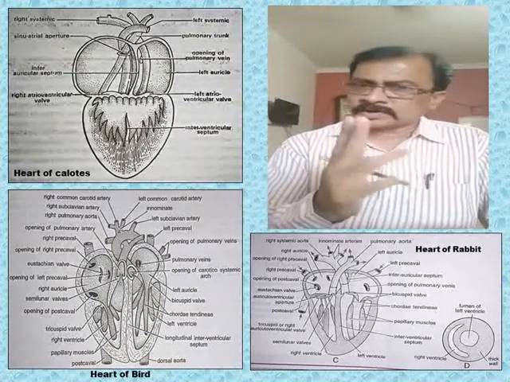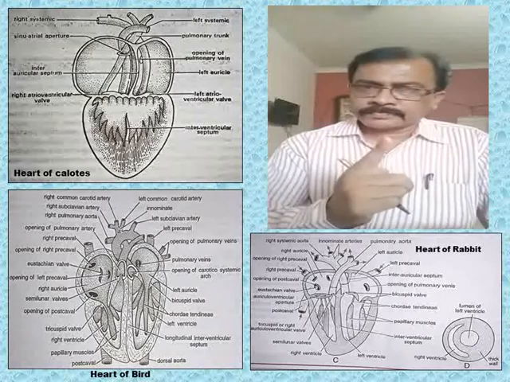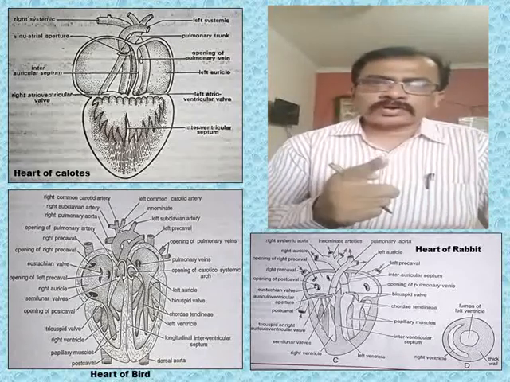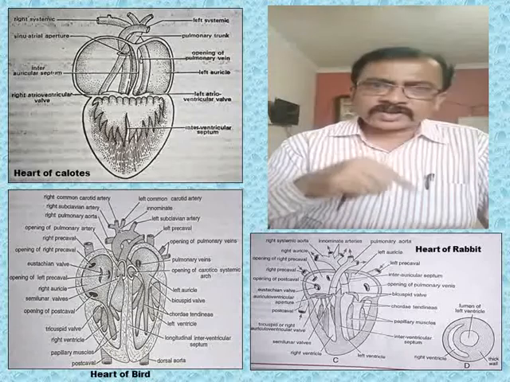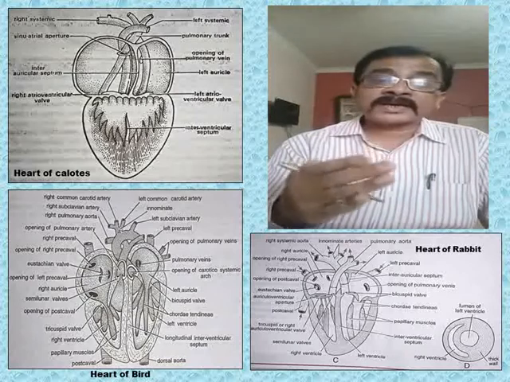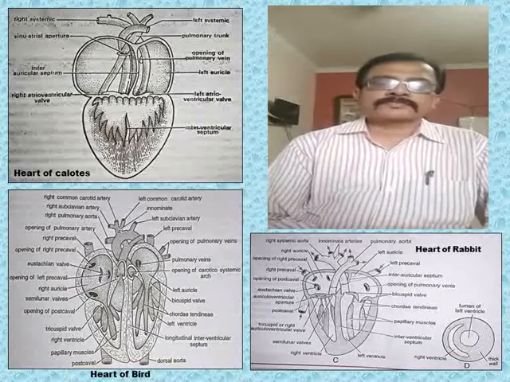We said there are three chambers in lizard, two auricles and one ventricle. But the ventricle, which is small, conical, thick walled, located behind the auricles, is incompletely divided by an oblique muscular septum into two chambers.